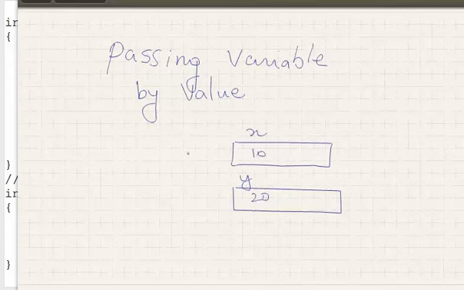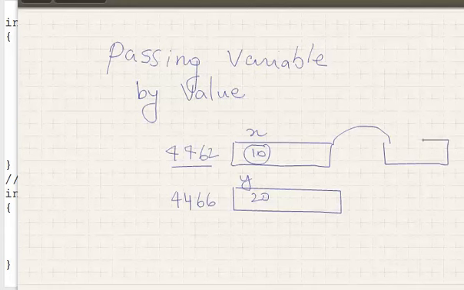This has an address, like for instance some big number, 4462 whatever, 4466. We don't send the address, we only send the value x comma y copied into another variable called a and b. They are copied here, 10 and 20 here.